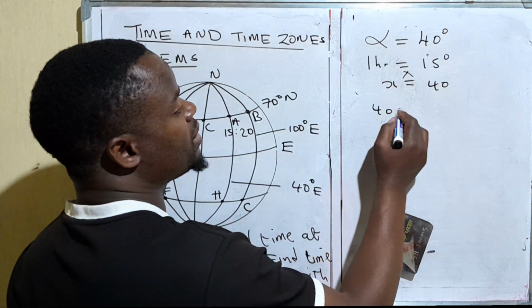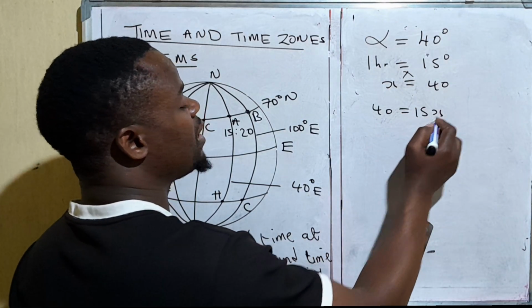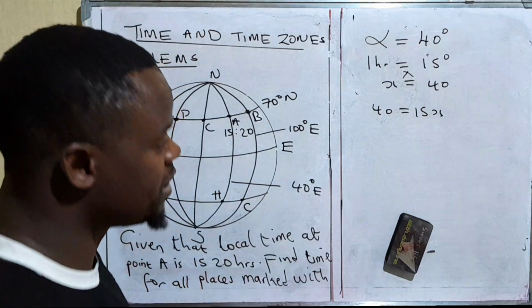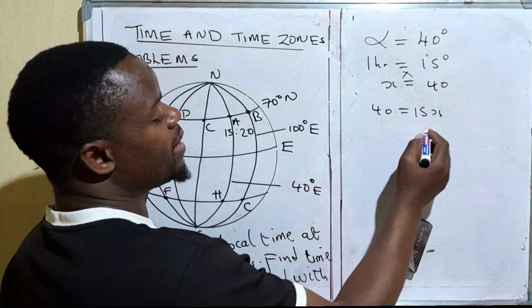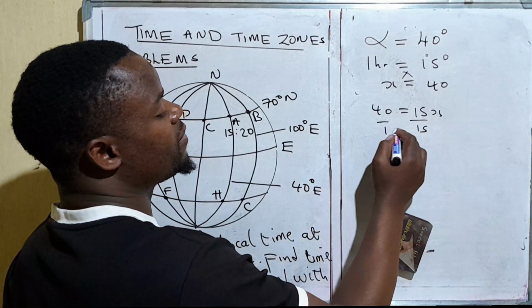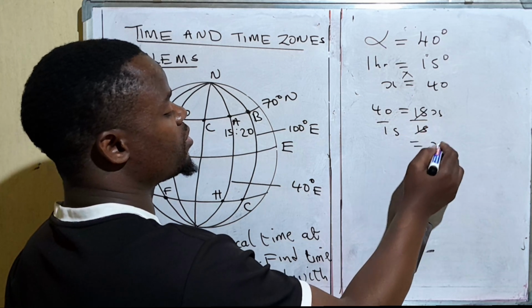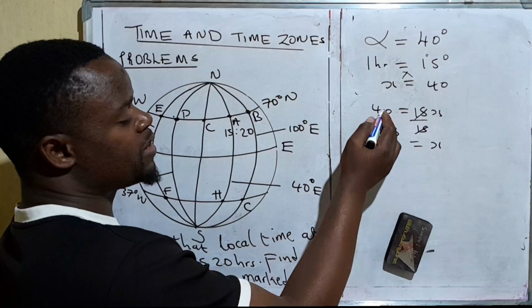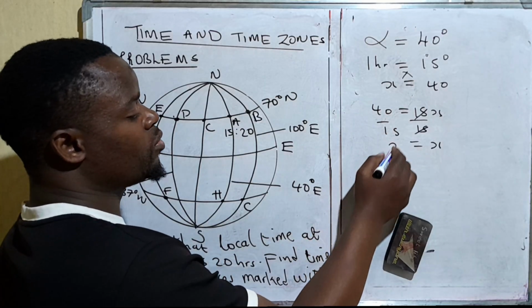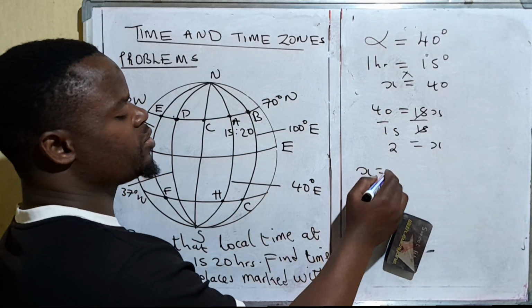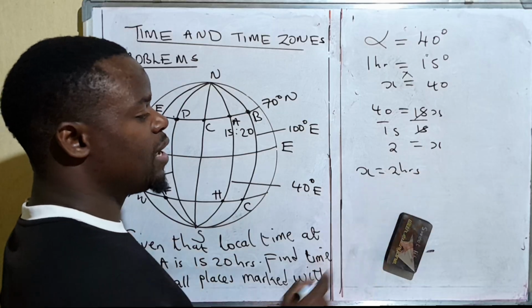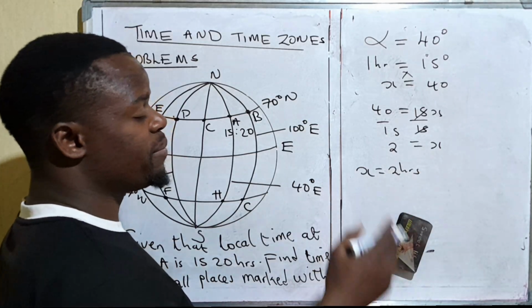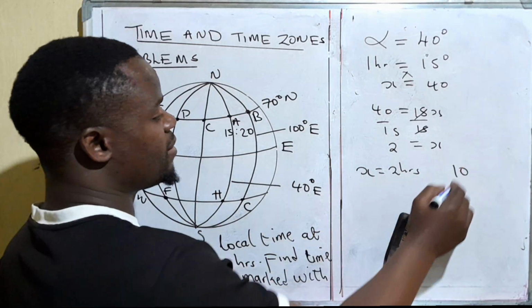That would be 40 is equal to 15x. Let's divide both sides by 15, which gives x. 15 into 40 is 2, so x is equal to 2 hours, and there will be a remainder, which will be 10.